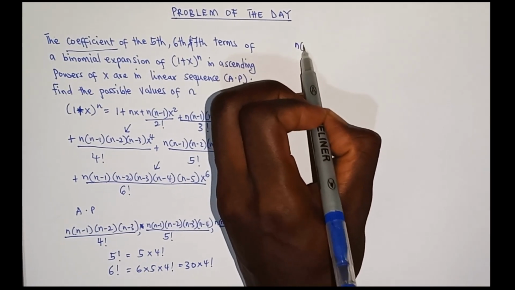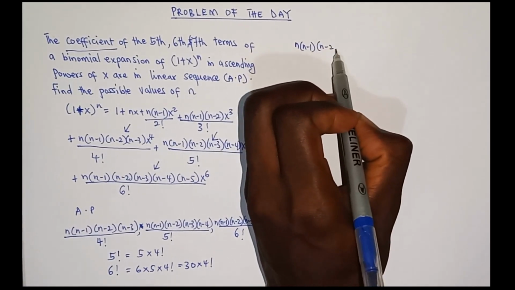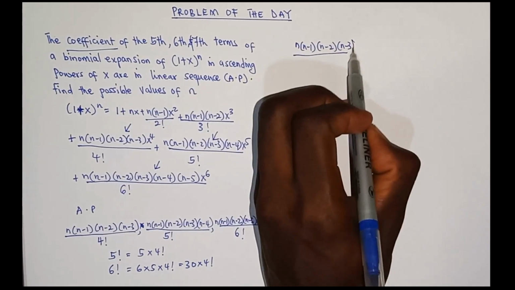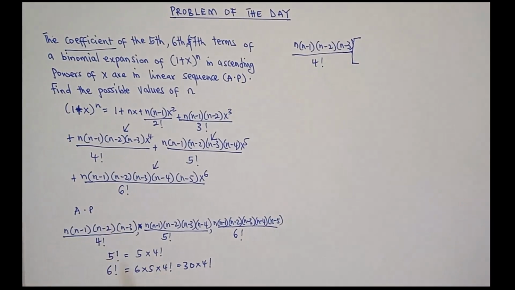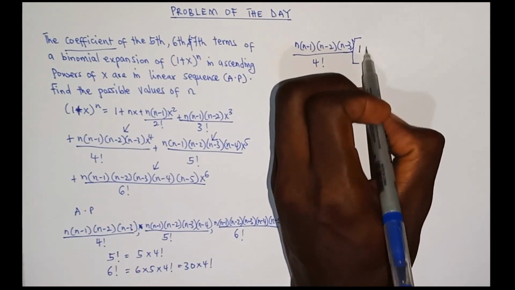n(n − 1)(n − 2)(n − 3) divided by 4!. Then in this bracket, when we factorize that out of the first term, we'll be left with 1 plus.